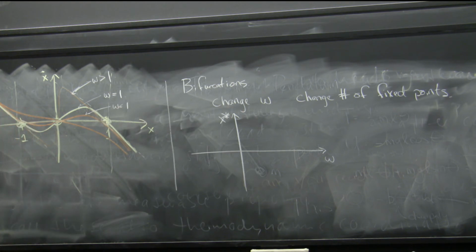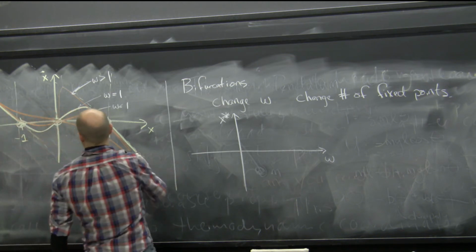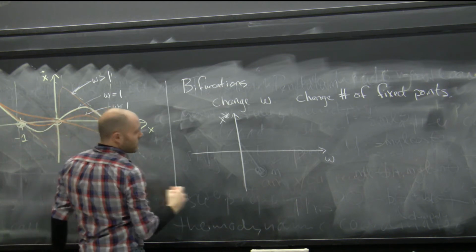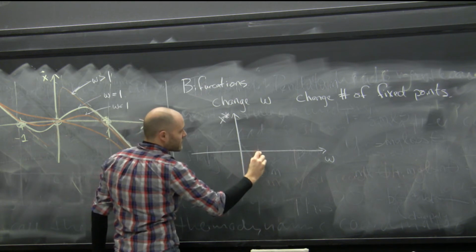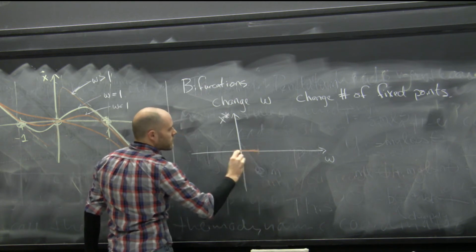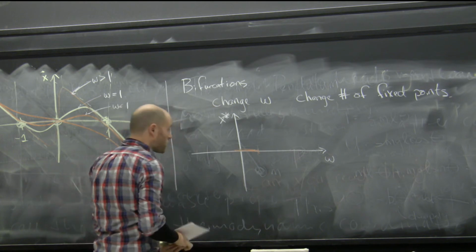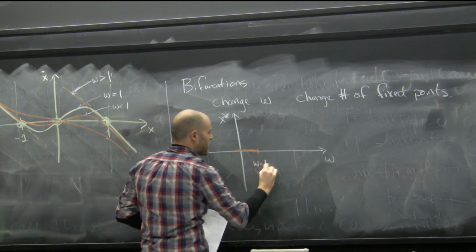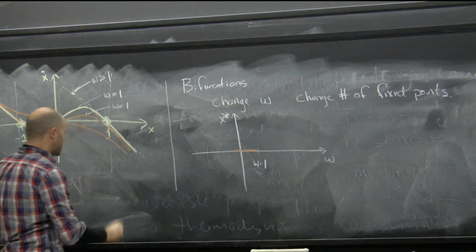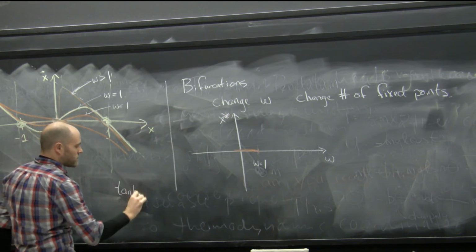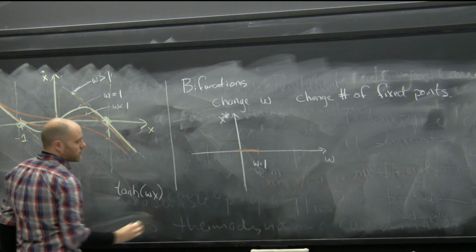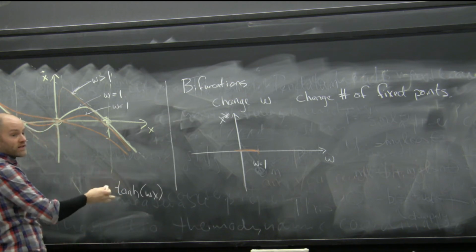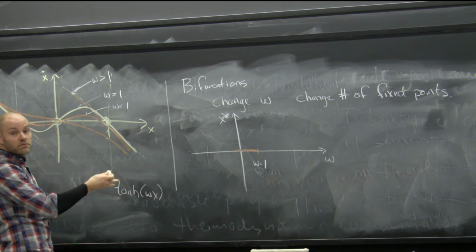When w was very small or even negative, I had one fixed point and it was stable, so certainly if w is less than 1, I have a stable fixed point. The way I know that is that the tangent of wx, the slope at x equals 0, is approximately w.